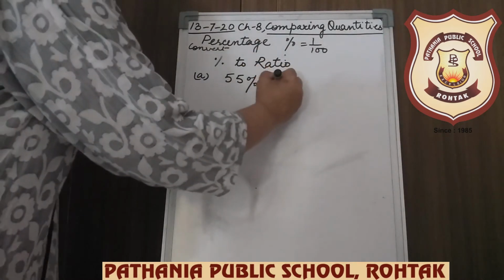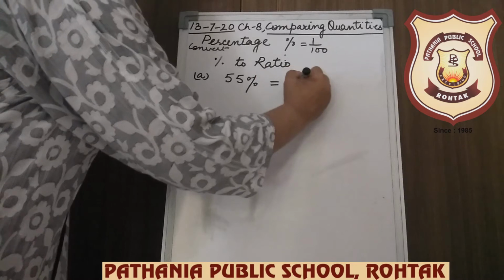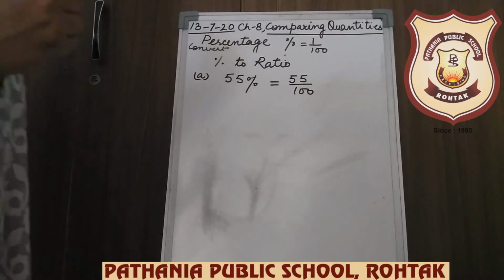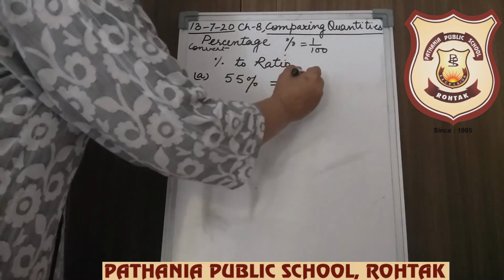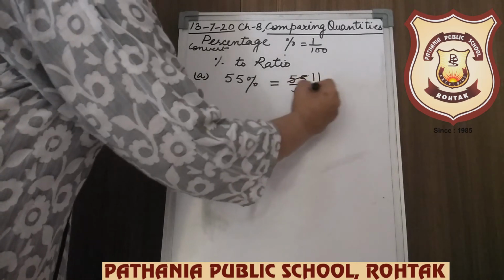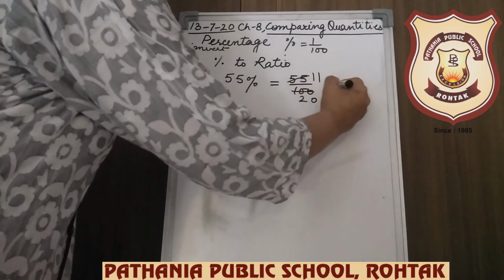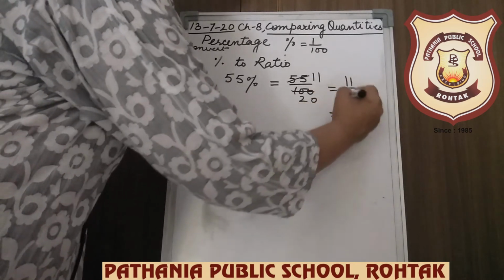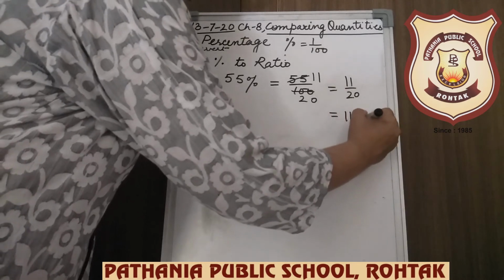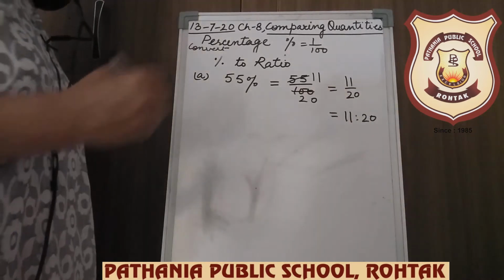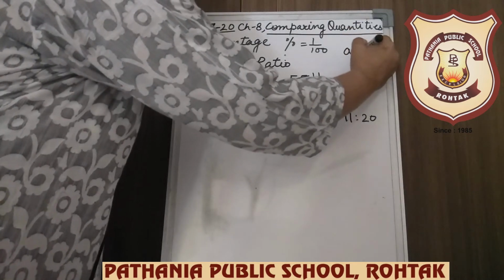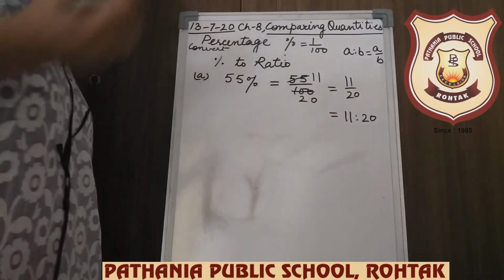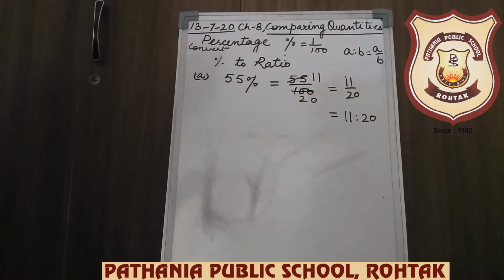Okay, convert this into fraction, 55 upon 100. Now see here, if you can reduce it to the smaller, 5 ones and 5 twos and 0, this becomes 11 upon 20. And how you can write fraction into ratio? 11 is to 20. Because if I say A is to B, this is A upon B. So similarly, you can write it in this manner.